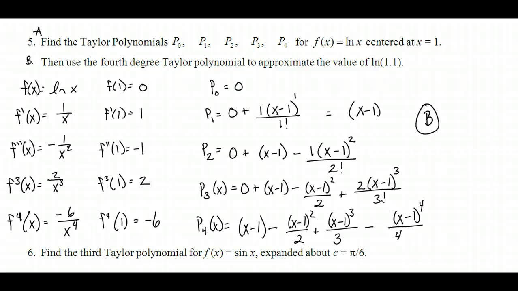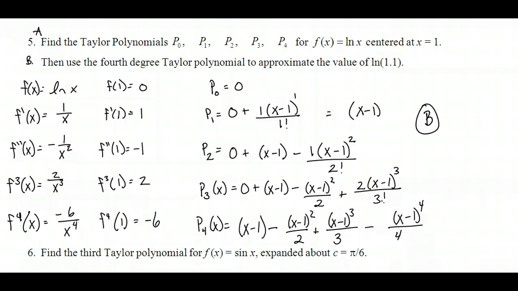So it would give you 0.1 minus 0.1 squared divided by 2. Then it would be plus 0.1 cubed divided by 3. And then minus 0.1 to the fourth divided by 4.